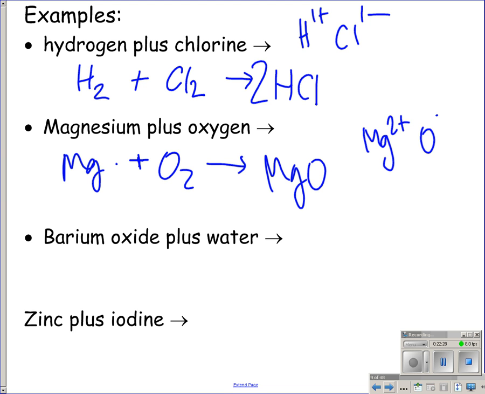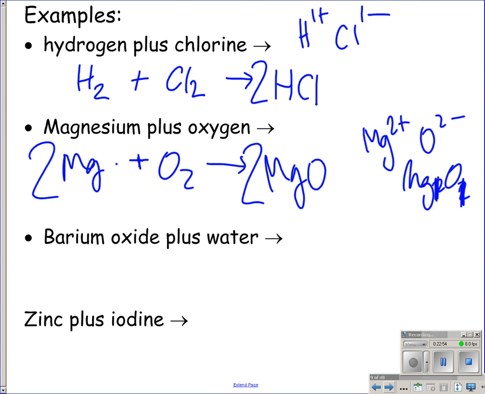Mg 2 plus and O2 minus, right. So those 2's and 2's came down to form Mg2O2, but we all know you can't leave it like that. You have to reduce it down to 1's and 1's. Is that balanced? No. What do you want to do? 2 in front of here, and then 2 in front of the Mg. Because I already had 2 O's, so I had to put a 2 in front. Well, then that screwed up my magnesium, so I had to go back and fix the magnesiums.